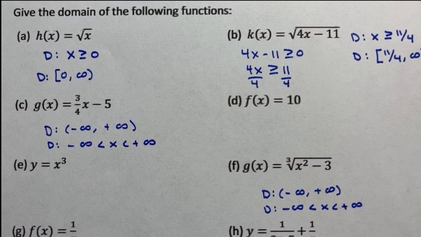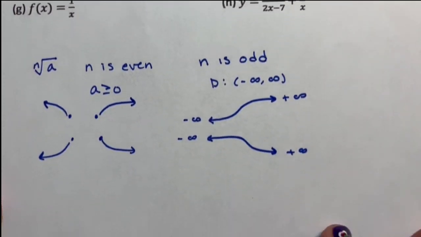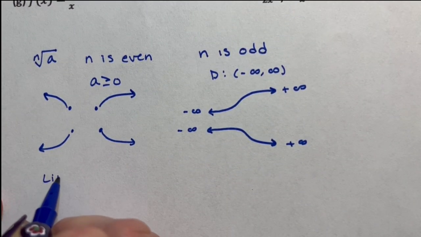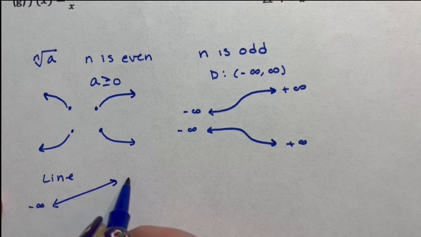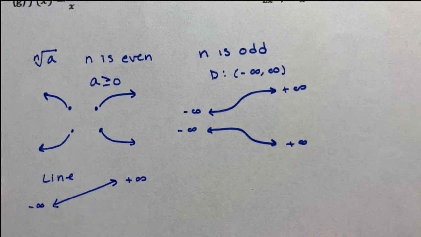Lines, or any polynomial, are the basic building block of math. So for a line, it goes from negative infinity to positive infinity. Our horizontal works too.